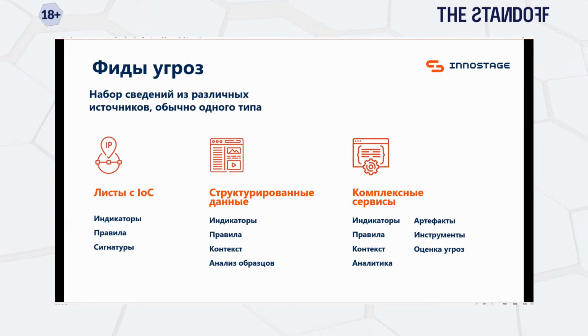The second group is structured data, mainly in text format but with a unified language, such as OpenIOC, etc. By using this format, you can enrich your system with context information. These feeds may also have links to reports, and vulnerability reports.